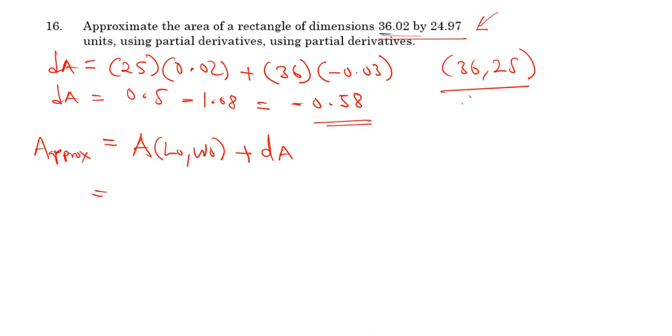So what is that going to be? Area is just the length times the width, so that's 36 multiplied by 25, plus my change in area, which is negative 0.58.